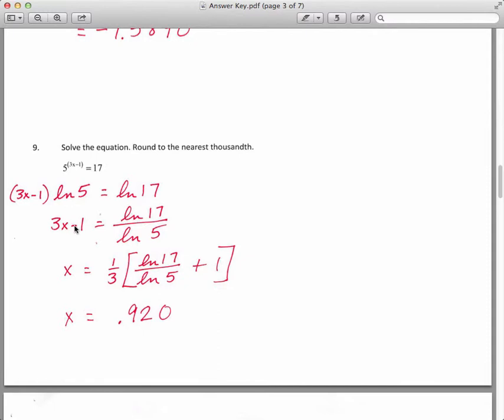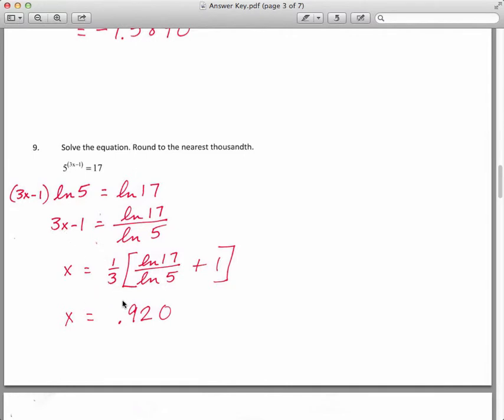And then I did 2 steps at once on my answer key, and I probably shouldn't since I was going to scan this and show it to you. But the 2 steps are add 1 to both sides, and after you do that, divide by 3 or multiply by 1/3.